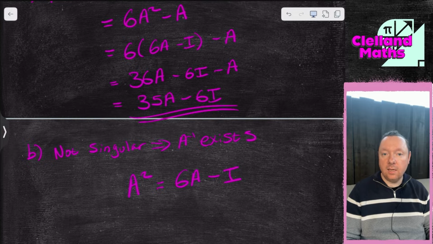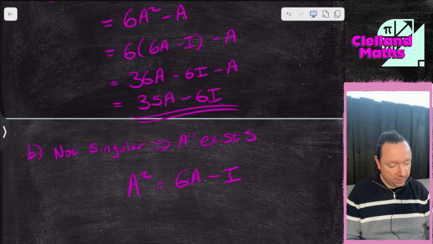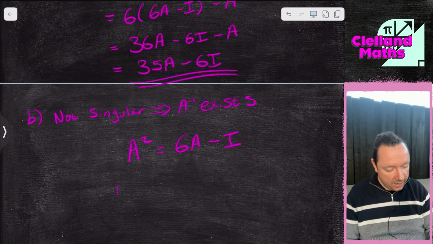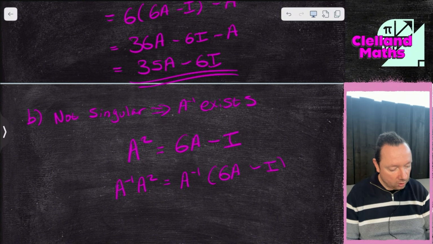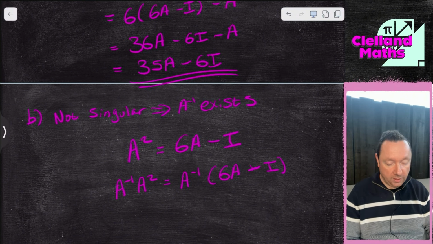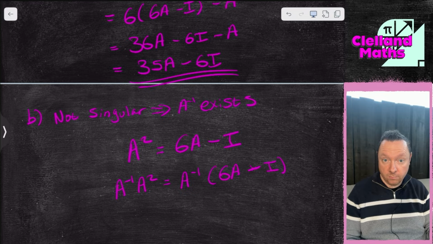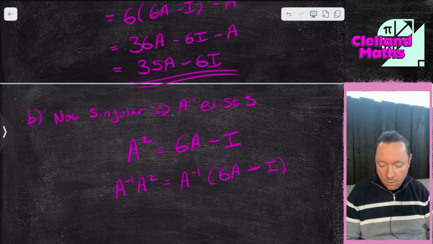So what you can do is introduce the inverse of A to both sides. So I've got A inverse A squared equals A inverse 6A minus I, making sure that you're keeping the order that you introduce it important, the left or the right.